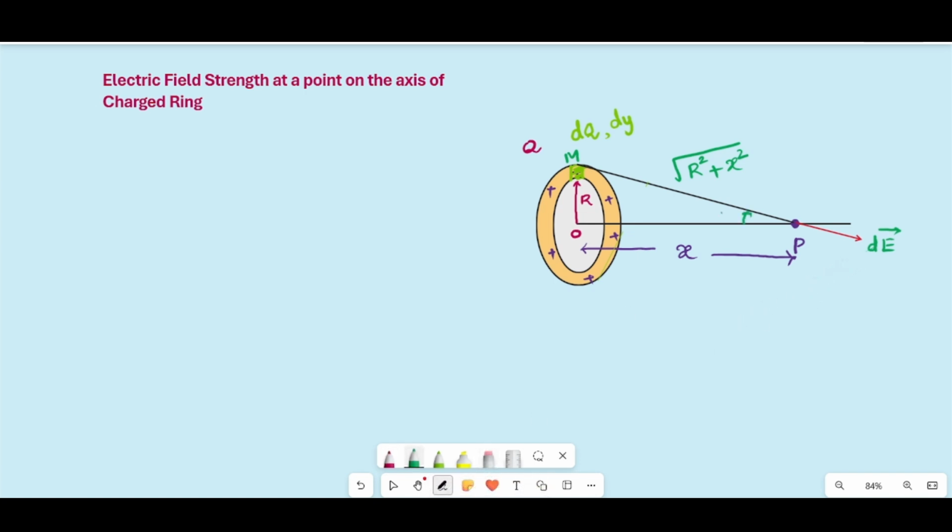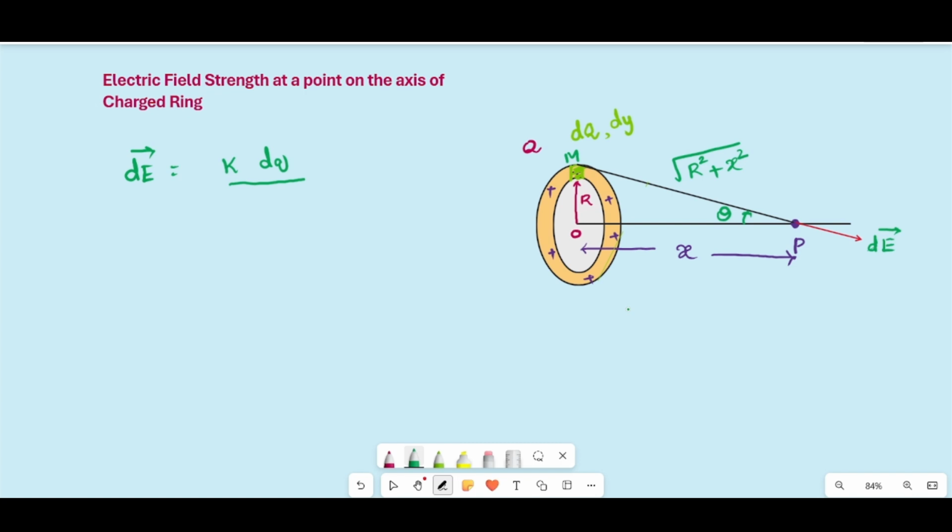This angle we can take as theta. So what is the electric field intensity at P due to that small segment of the ring? dE bar is equal to k into the charge on the segment, dq, by distance square. What is the distance?